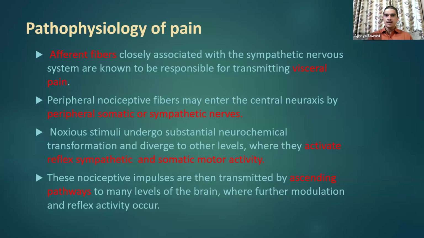This nociceptive impulse is transmitted by ascending pathways to many levels of the brain. Further modulation and reflex activity occurs. Which are the ascending pathways which carry the nociceptive impulse? Anyone?